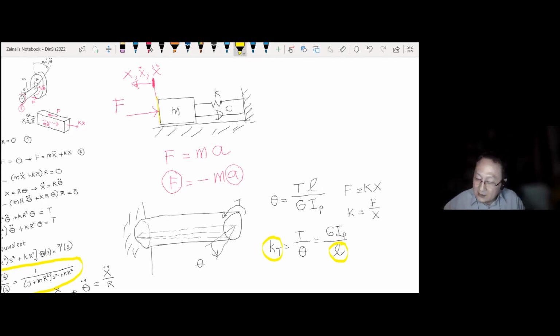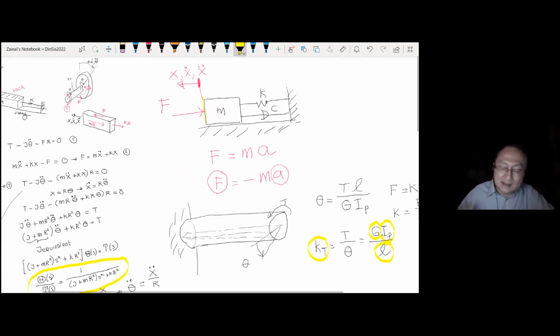The stronger the material, the stiffer the torsional stiffness. And the larger the diameter, the stiffer the spring.